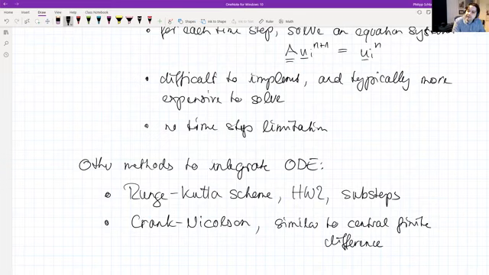It's a scheme that is in principle implicit because it takes the solution at the new time level, but also the solution at the old time level at the same time. So in that sense, it's central in time. And this method is quite powerful because it gives you an order of delta t squared. It's a second order scheme, as opposed to the first order schemes that we have discussed now.